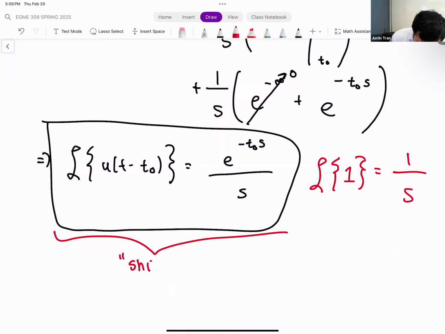So this is like a shifted function of 1. And in fact, this idea of shifting and using the step function to shift forms the basis of our next shifting theorem.